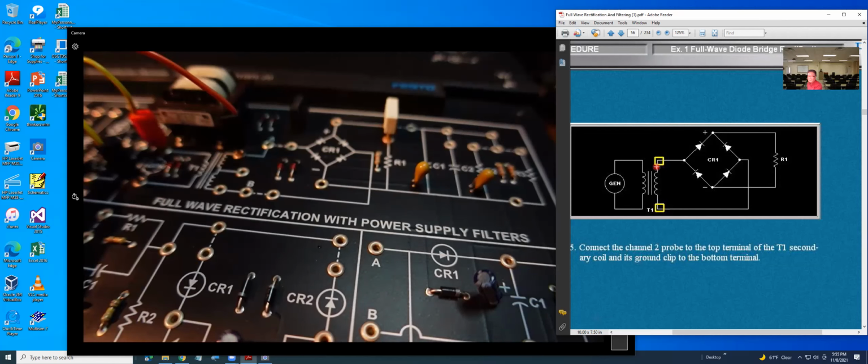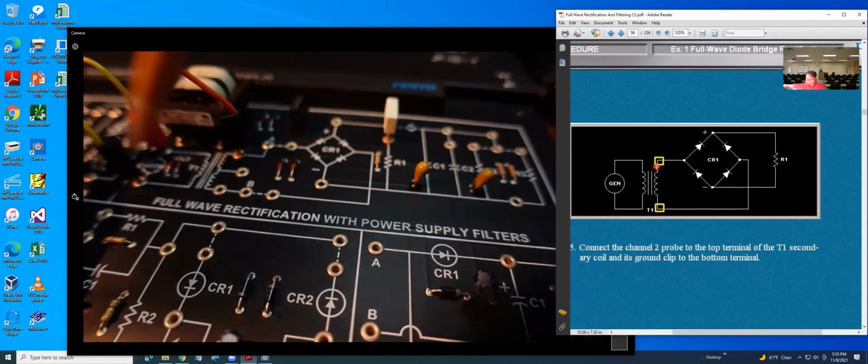I'm talking about the circuitry. The jumper is still not quite right. You can see the circuitry here, right?